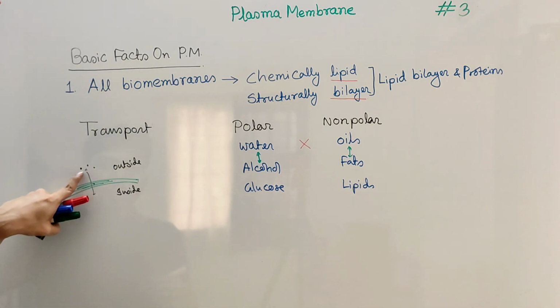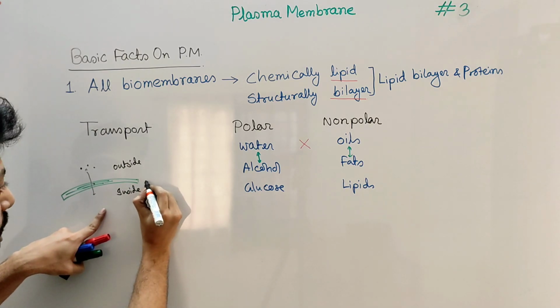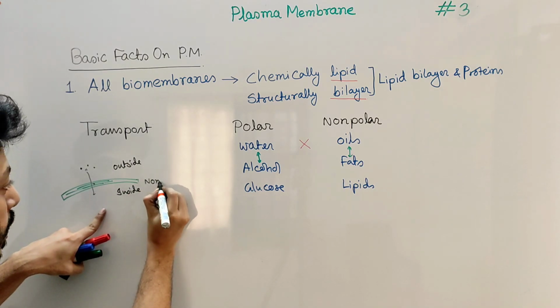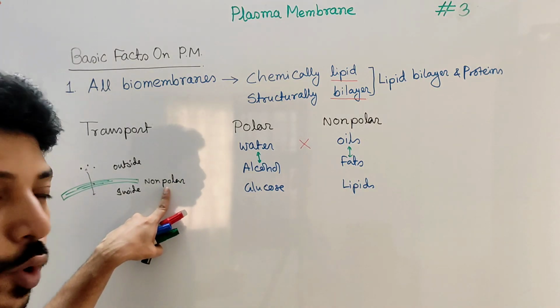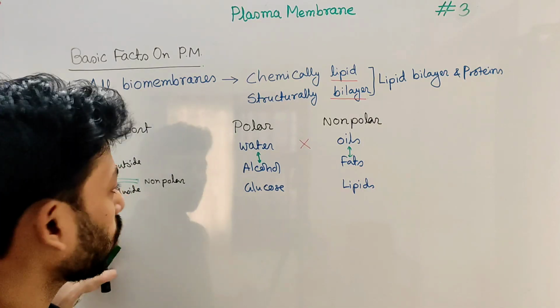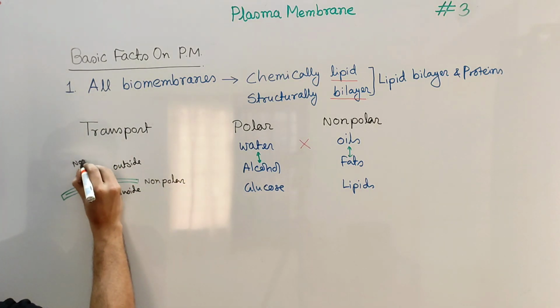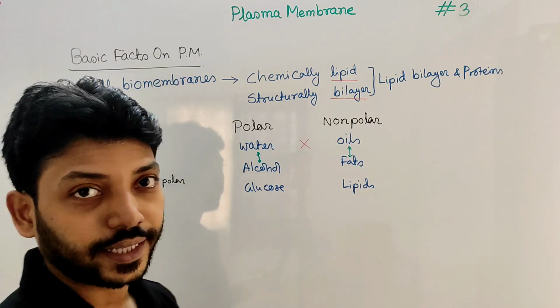As the membrane is non-polar in nature, it will prefer non-polar molecules to enter inside the cell. So non-polar molecules will rapidly enter inside the cell.